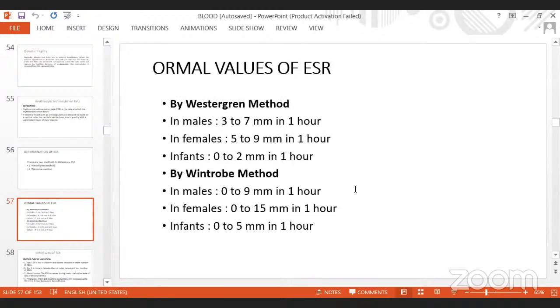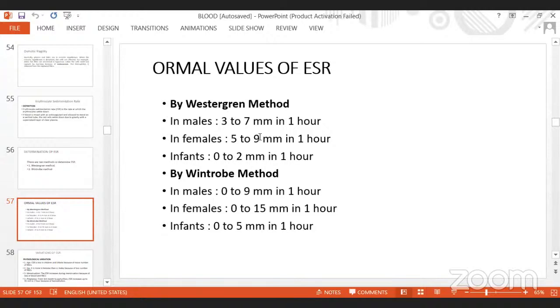The normal values of ESR by the Westergren method in males are around 3 to 7 millimeter at the end of 1 hour. That means the RBCs will settle down around 3 to 7 millimeter at the end of 1 hour. In females, it is around 5 to 9 millimeter at the end of 1 hour, and in infants, around 0 to 2 millimeter in 1 hour.